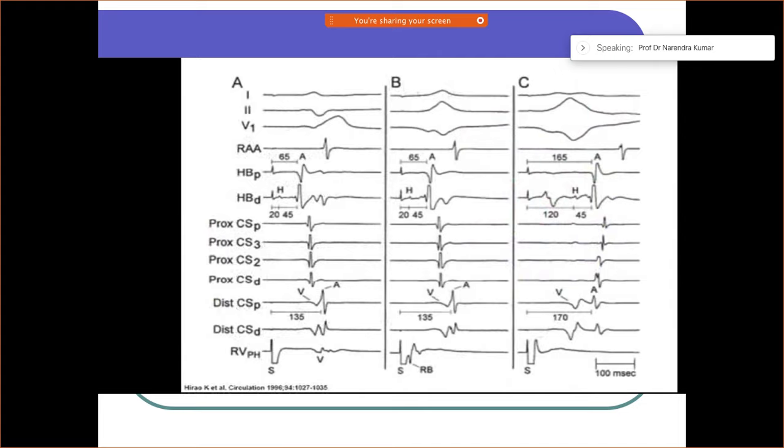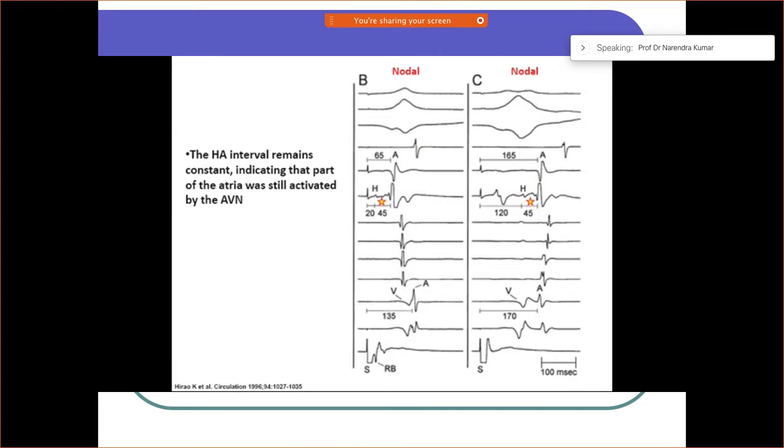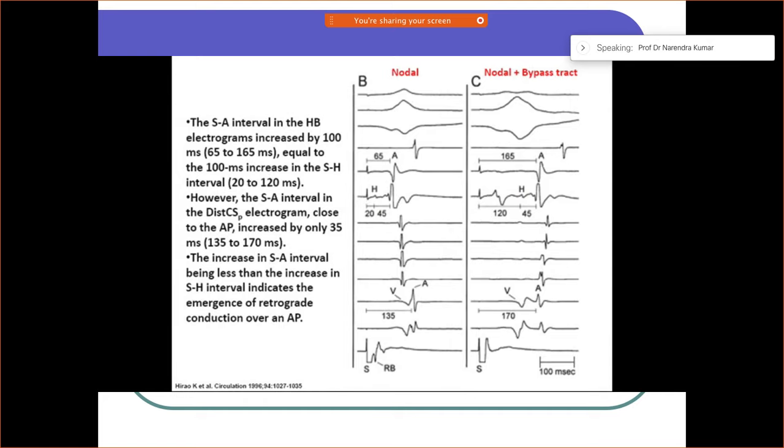So over here the HA interval remains constant, which indicates that part of the atria is still activated by the AV node. Similarly, this response is nodal versus nodal plus bypass tract. You can read the explanation well written over here.